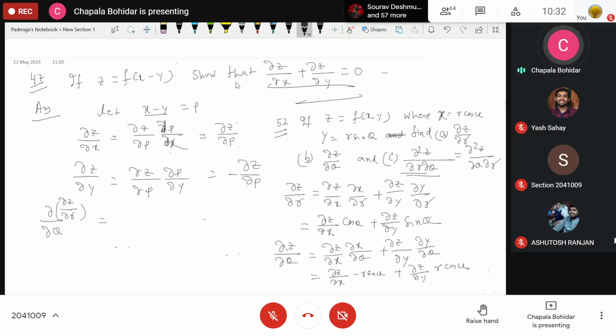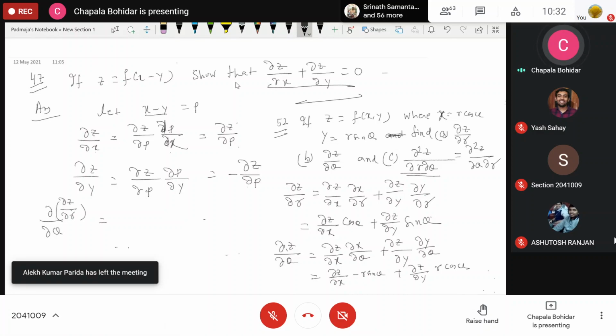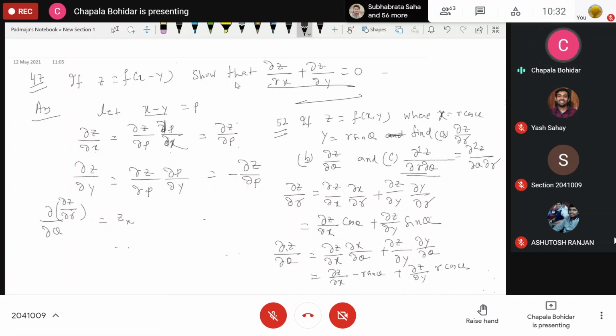I can write it as: differentiate del z by del x, zx, times x_r with respect to theta, that is zx times x_r theta, then plus zy times y_r with respect to theta. Okay, is it clear?